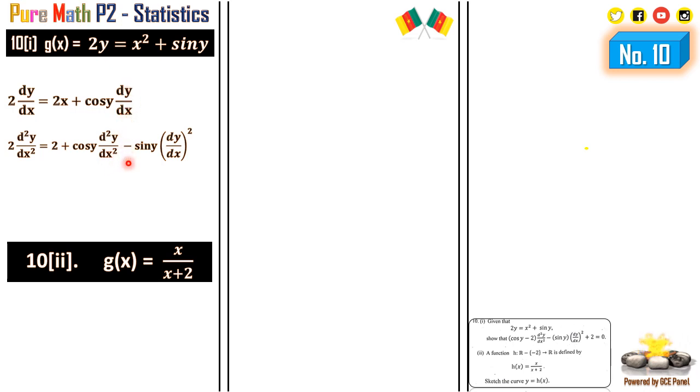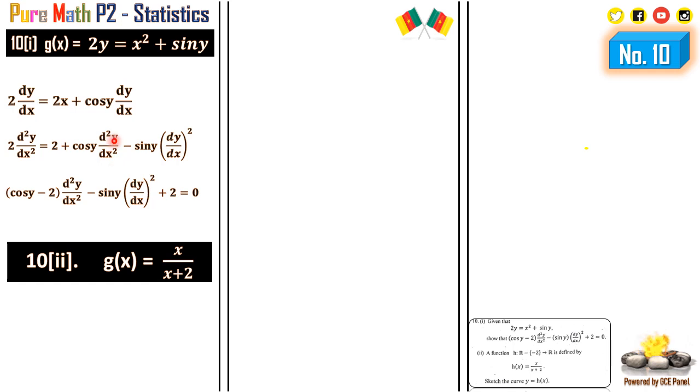Now plus, we keep dy dx constant, and we differentiate cos y. When we differentiate cos y, we are going to have negative sine y dy dx. Now that dy dx times the first dy dx that was there before is going to give us dy dx, all of that squared.